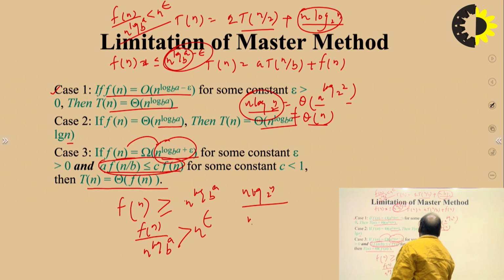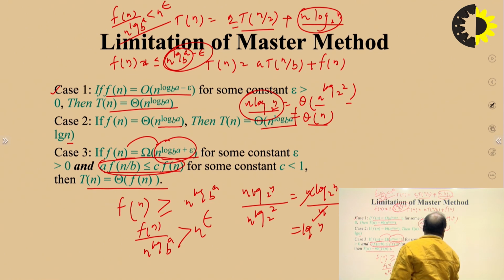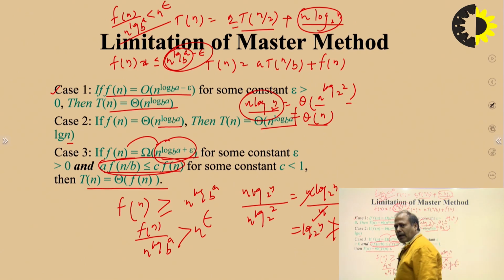Since a is 2 and b is 2, n log n divided by n cancels and becomes log n base 2, which is not greater than n to the power epsilon. So the master method fails when f(n) is neither polynomially larger nor polynomially smaller.